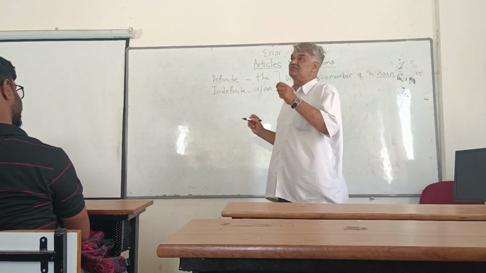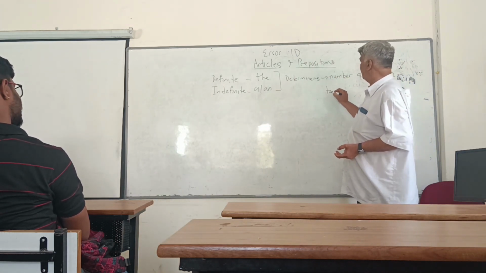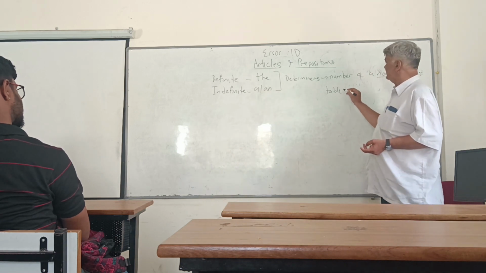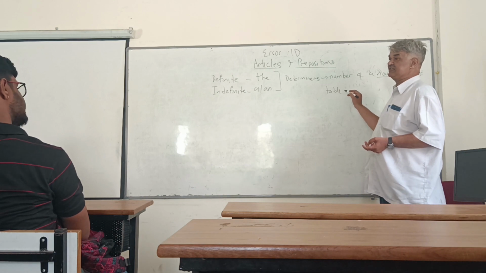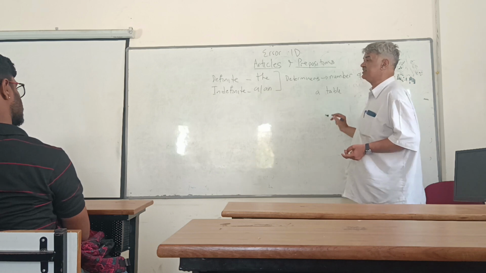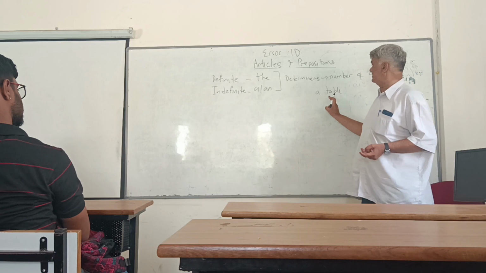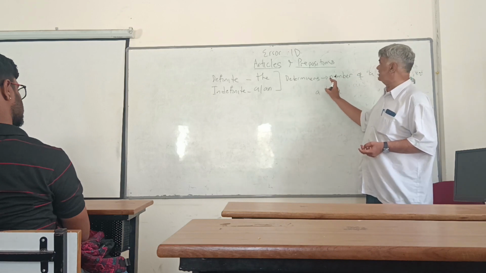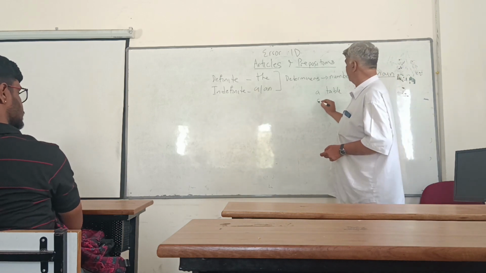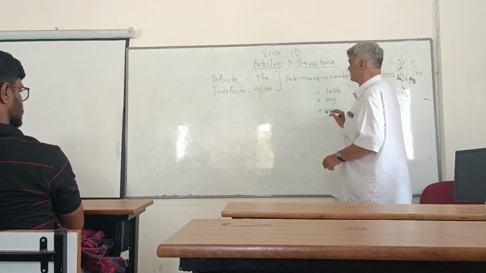Nouns can be common nouns, for example, table. Number is shown by the S if it's plural, or if it's singular, then it's shown by the determiner, specifically the indefinite article a. So we can say a table, a boy, a girl, etc.